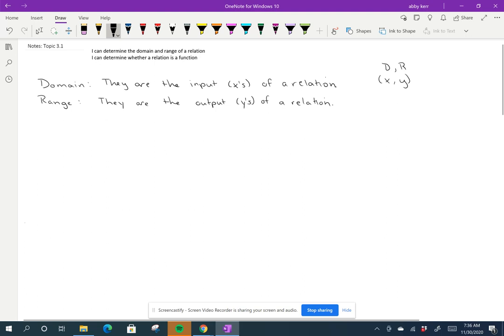Now there's a few things that we're going to use to help us. The first thing is called a mapping diagram.